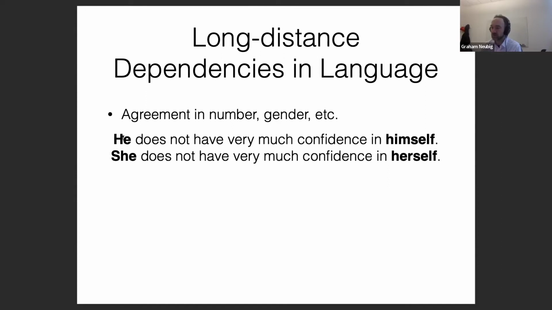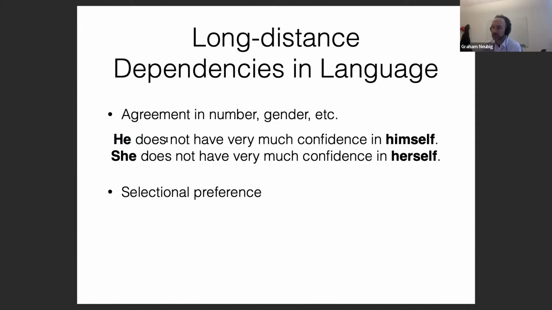So here we can see he and himself need to agree, she and herself need to agree. Also, he does needs to agree here. So if this were I, it would be I do, he does. So that's an example. Also, word order in general. We talked about that last class. So we need to have some sort of model that's able to handle these things.